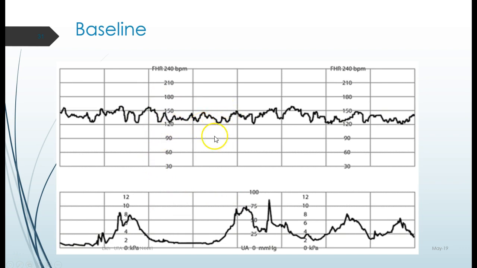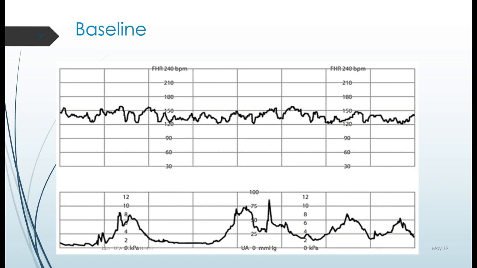Now, because this is a training picture, it doesn't really have all the increments that we would have on a real fetal monitor paper. On real fetal monitor paper, you would have 90, 100, 110, 120, 130, probably 140, and then 150. And so if you were to draw a straight line through here where it's hanging out most of the time, and I can say this only because I've done this for so long, I could guesstimate that that's probably going to be about 130.